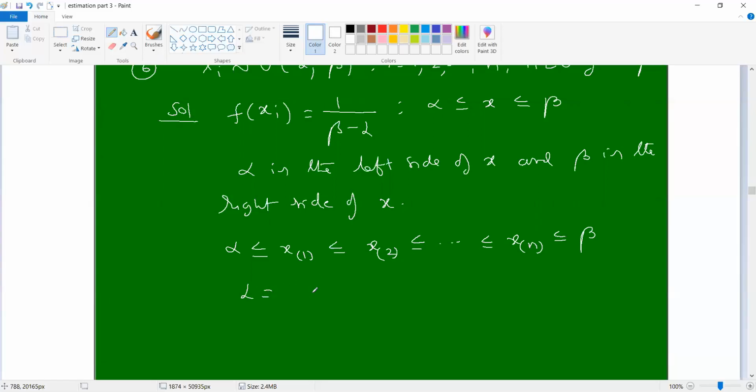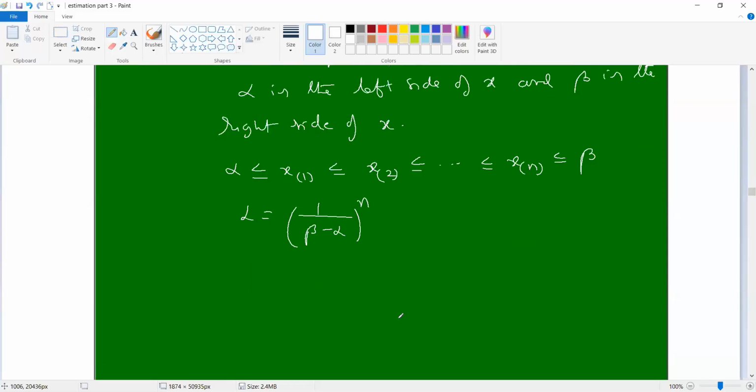So now the likelihood function is 1 by beta minus alpha whole power n, not 2. L is maximum. Here we have to choose the alpha and beta values. So alpha is the left of x, beta is the right of x.